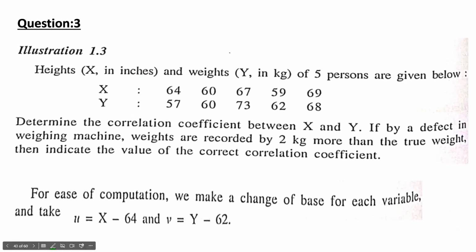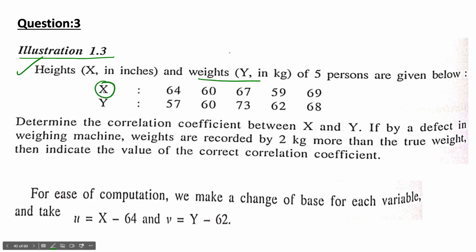Now I am going to the next question, that is question 3, and you can find it as illustration 1.3. So now that is the question. First of all, try it yourself. First of all, I will discuss this: height is in inches, that is x, and y is the weight.